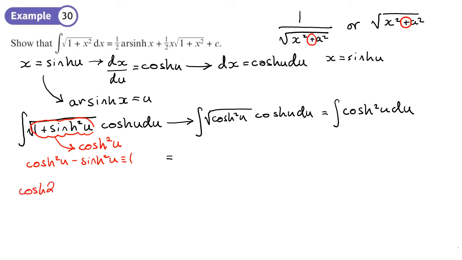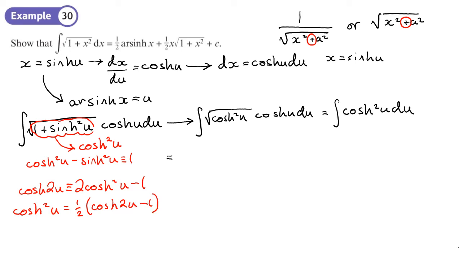So cosh 2u is 2 cosh squared u minus 1. So if I rearrange that, I'll get cosh squared u is equal to, if I move the 1 over and halve it, half of cosh 2u plus 1.